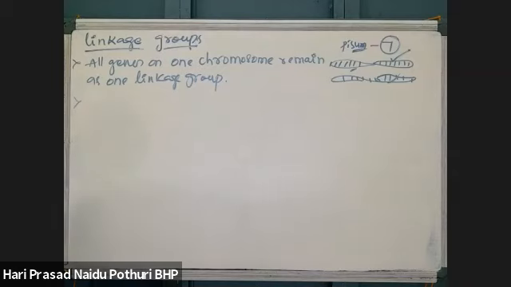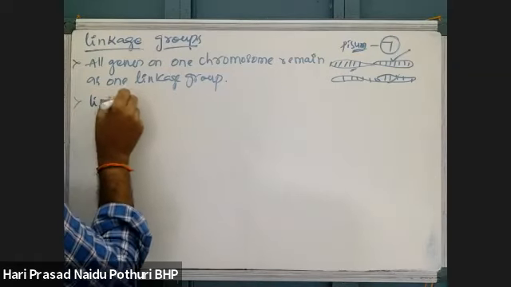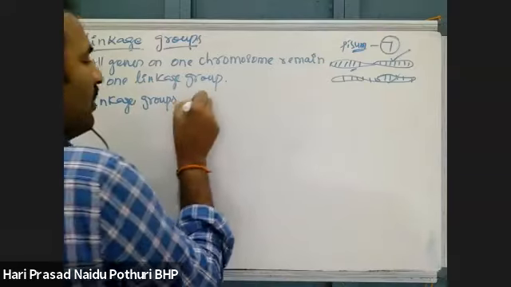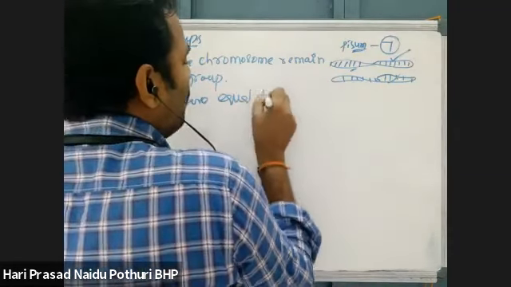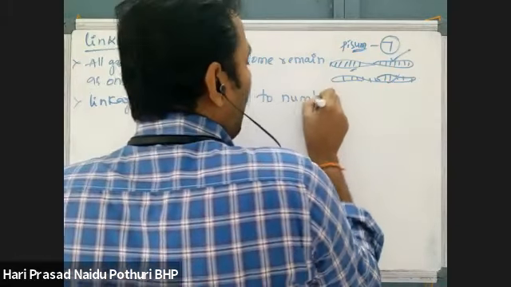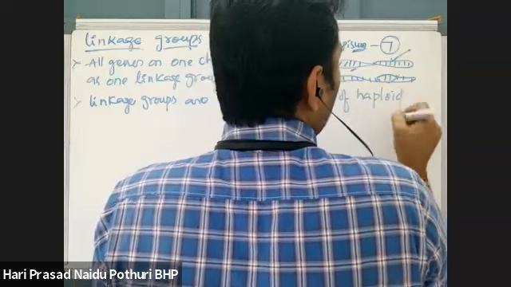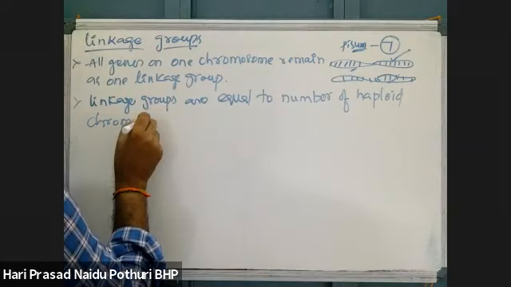It is equal to the haploid number of chromosomes. The number of linkage groups is equal to the number of haploid chromosomes plus the number of allosomes.